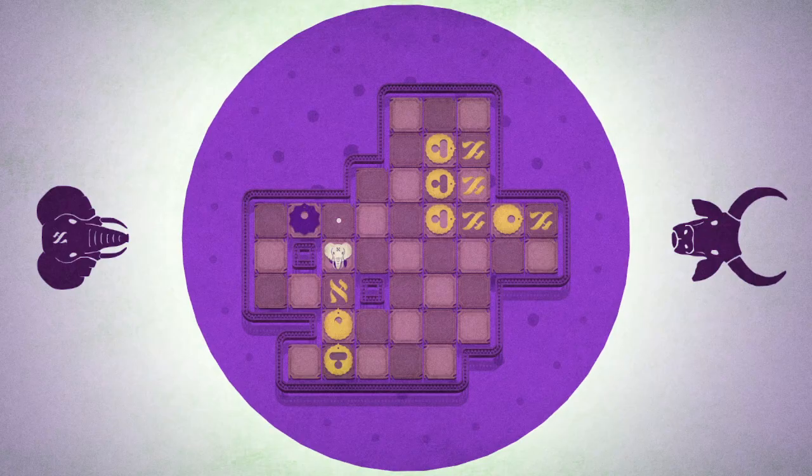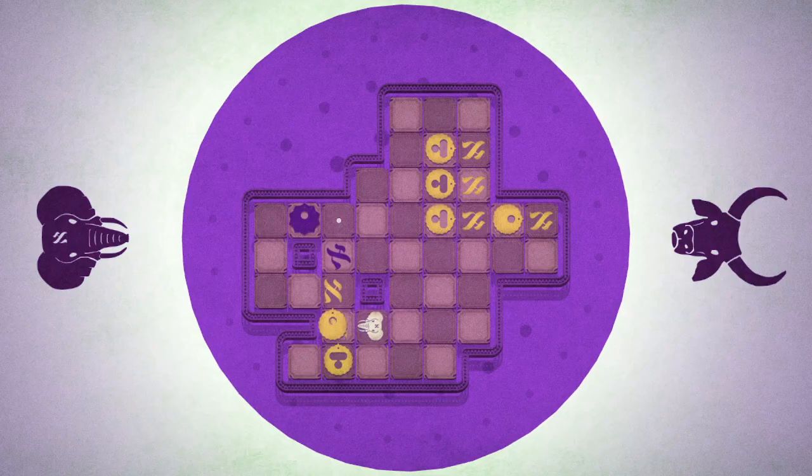I don't quite think so. In fact, this move looks really bad, by the way. If I pull, because it would pull this glyph upwards, preventing me from stepping on it. This is the up pull.